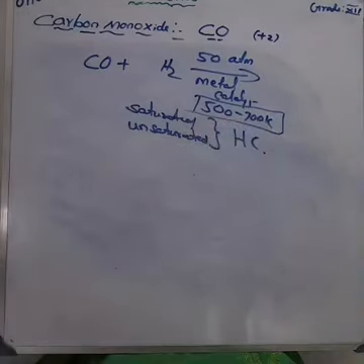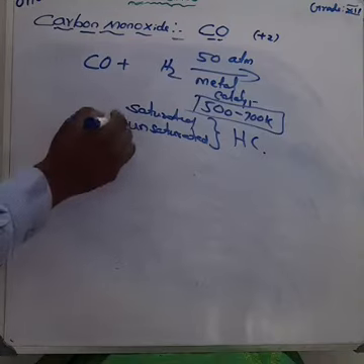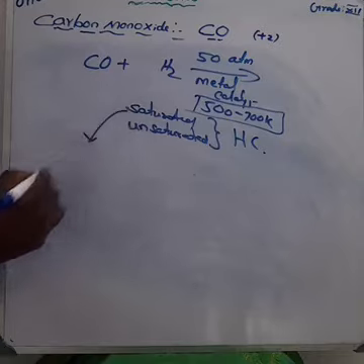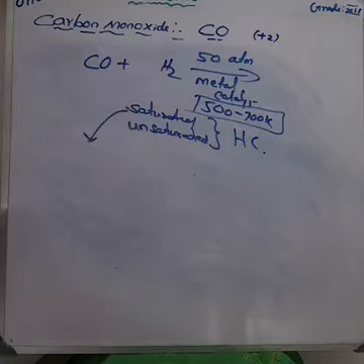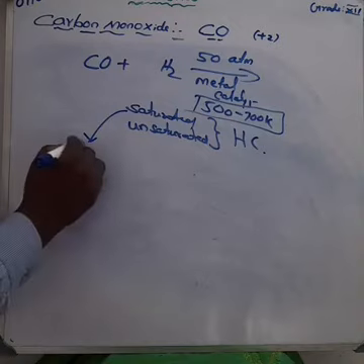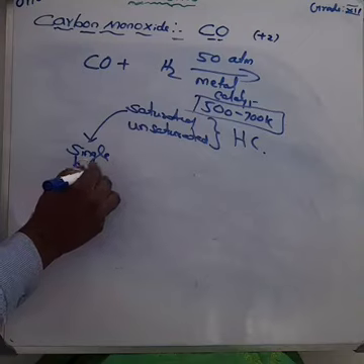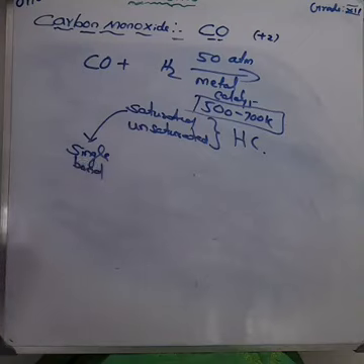So we have to write an equation. Before that, what is the meaning of saturated and what is the meaning of unsaturated? An organic compound having only single bonds, we call a saturated compound. For example, alkane.